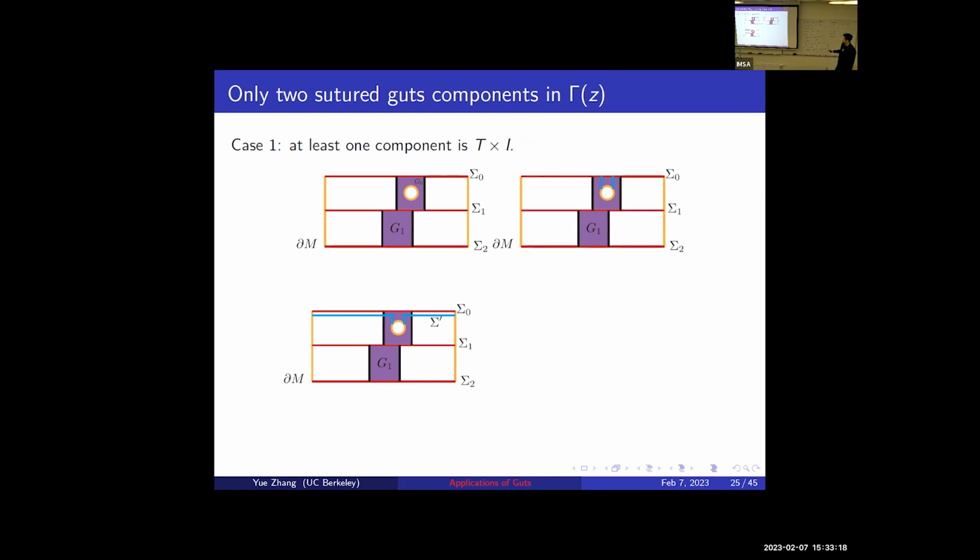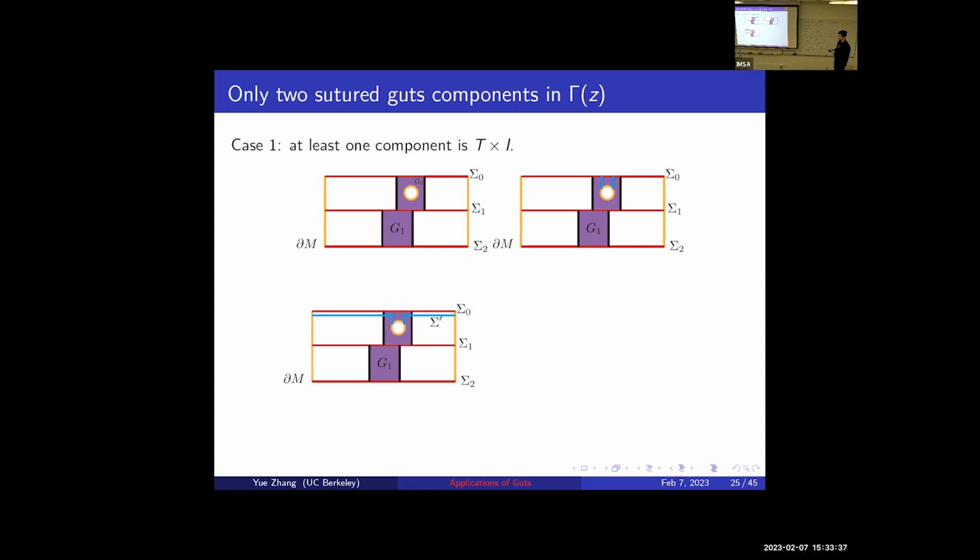So if you have a T times I, then you can take two annuli here, and you do a surgery, right? You just remove this small interval, and then you add these two annuli. So you have this sigma prime.